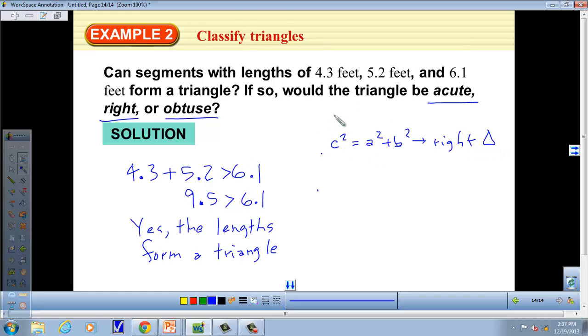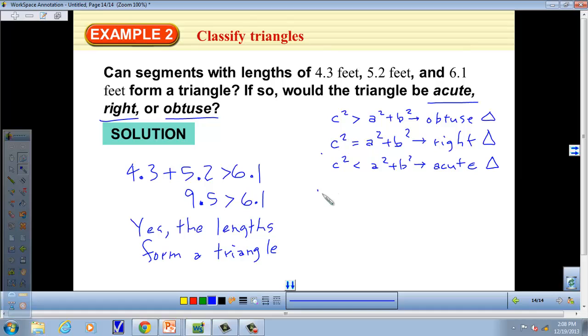If we're looking at an obtuse triangle, I'm just going to tell you right now, c squared greater than a squared plus b squared means that we have an obtuse triangle, and c squared less than a squared plus b squared means we have an acute triangle.